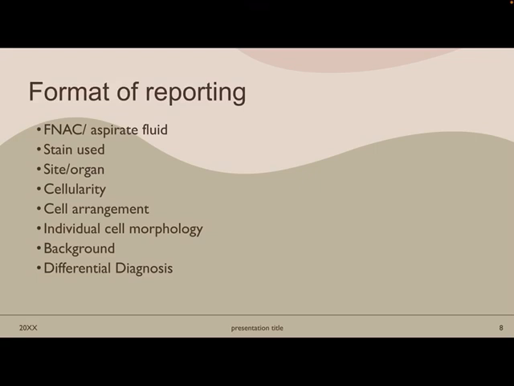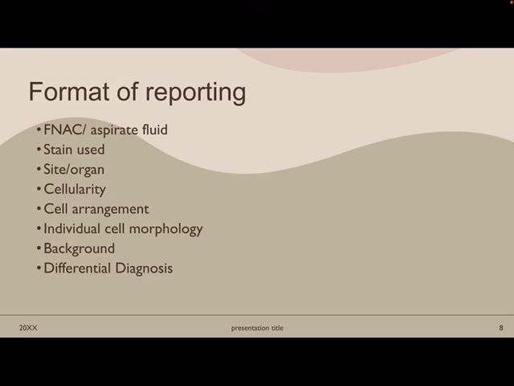You have to see whether it is H&E, PAP, Giemsa, AFB, etc. Then you see the site or the organ from where it was aspirated, and you comment upon the cellularity, whether it is hypocellular, paucicellular, or acellular. That is very less chance. And then high cellularity, and highly cellular cases, etc.